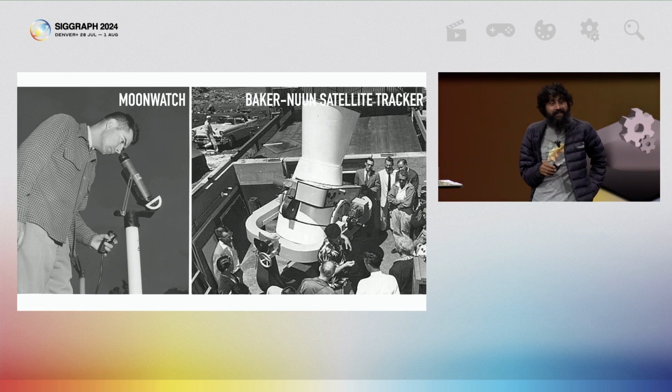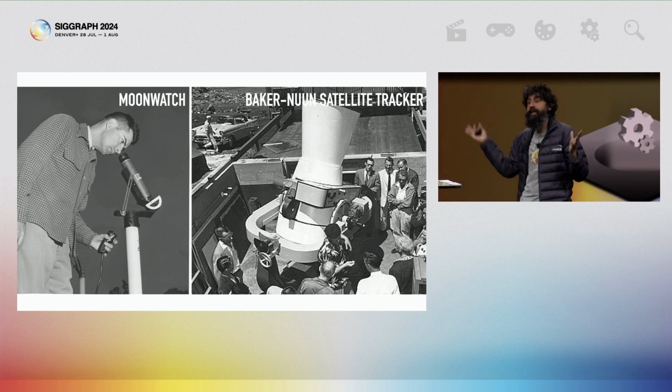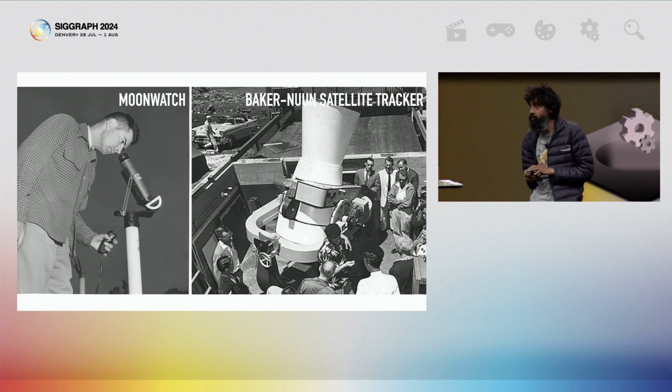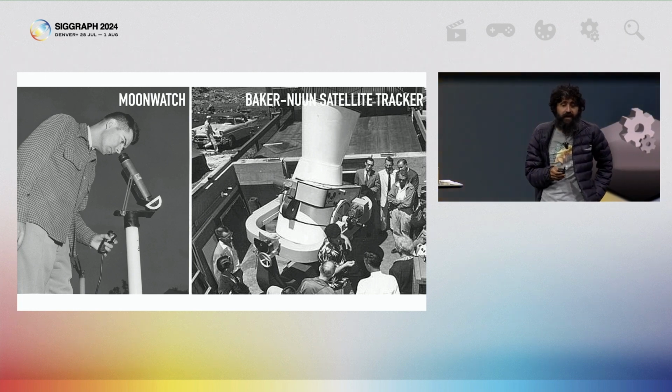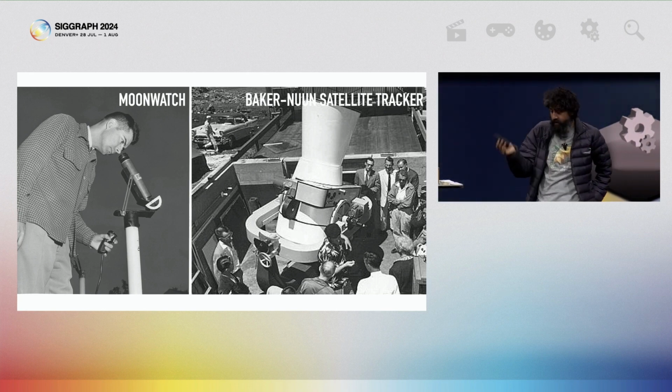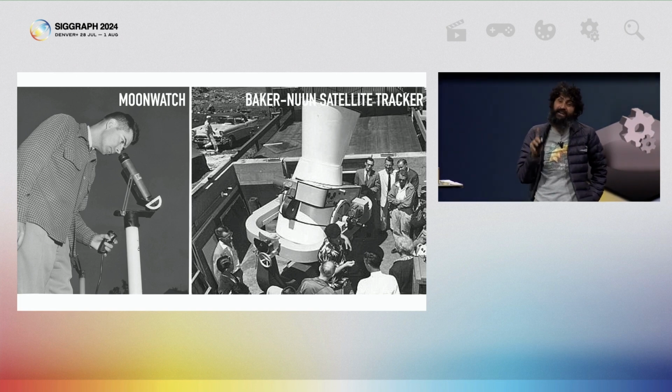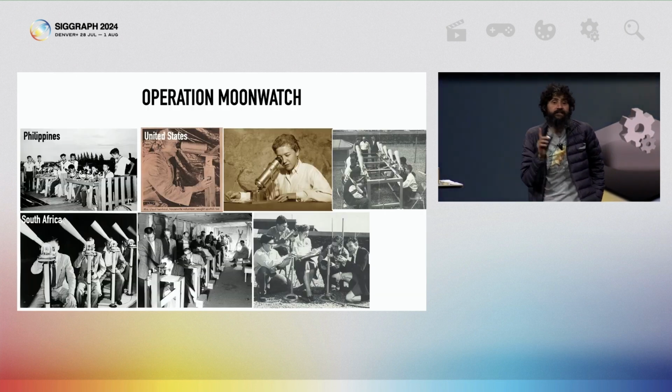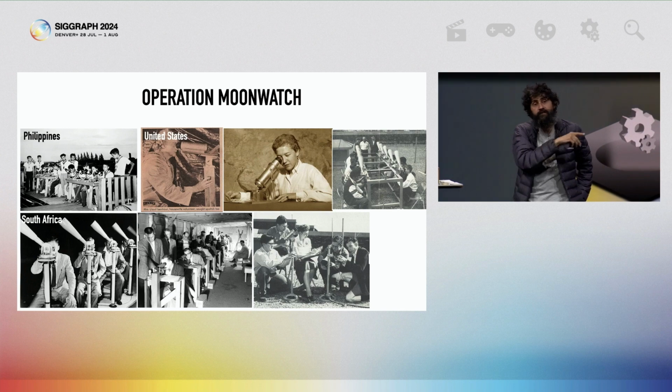And what he did is literally spread tens of thousands of telescopes, $10 telescopes, in the hands of people anywhere in the world. 50 countries participated, and they were competing with literally $1 million automated satellite trackers that the defense was working on. And for the next 60 years, this is the community that tracked all of the Sputniks.